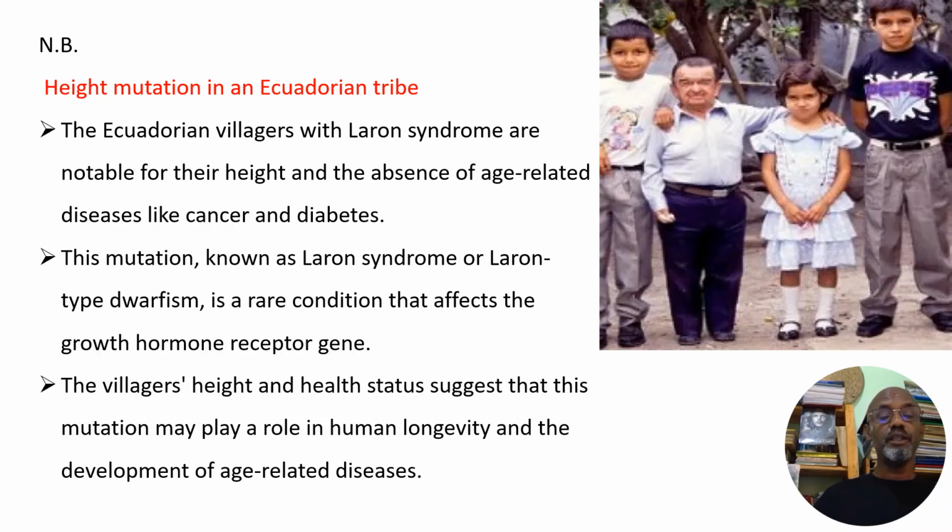You see, this mutation known as Laron syndrome, or Laron type dwarfism, is a rare condition that affects the growth hormone receptor genes, the genes that work on growth hormone receptors. The villagers' height and health status suggest that this mutation may play a role in human longevity, enabling them to live a long life without age-related diseases.